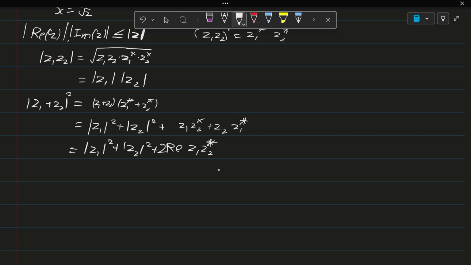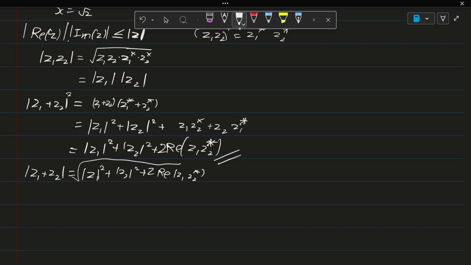So this is an important property, but also taking the square root of it, we'll get |z1 + z2| equal to the square root of the length of z1 squared plus the length of z2 squared plus 2 Re(z1 z2*).